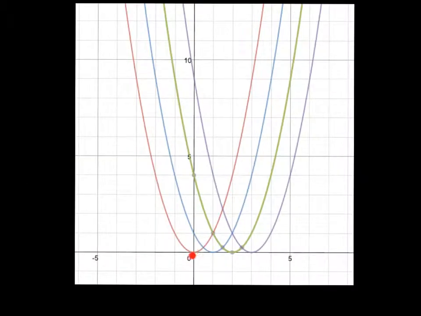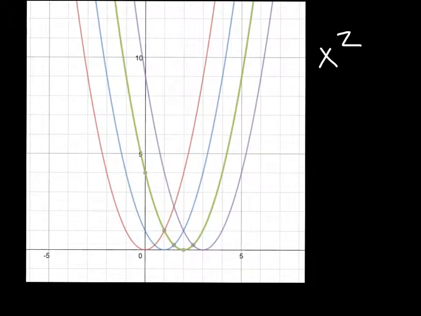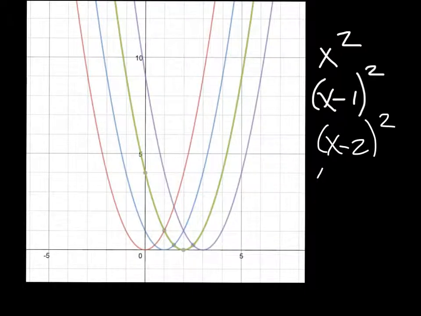We started here, and remember that one was x squared. And then the next one bumped it over to the right, and that one was x minus 1, quantity squared. And then we bumped it over again by making it a 2. And then it went over again by a 3.